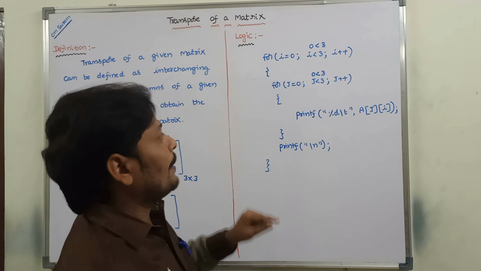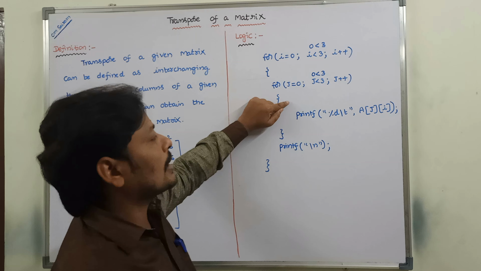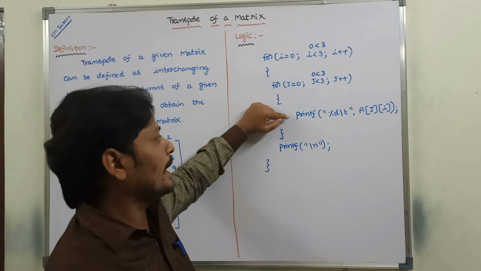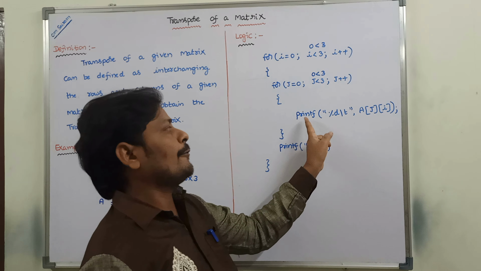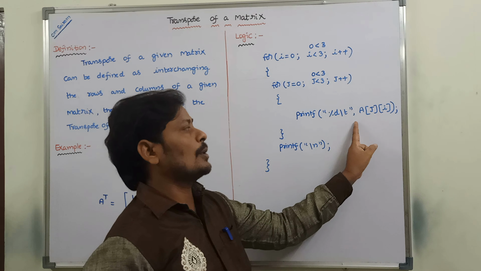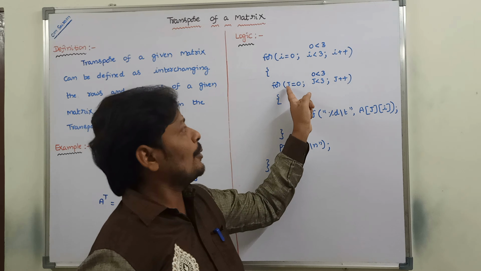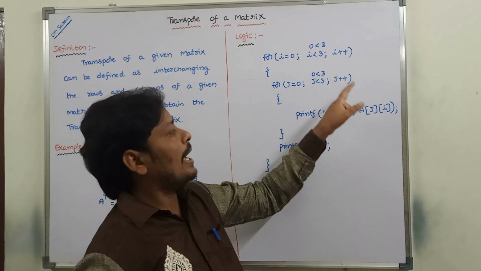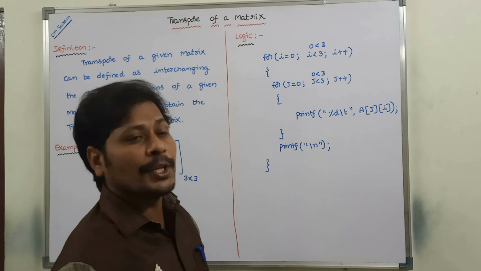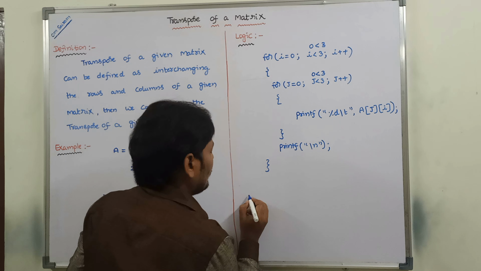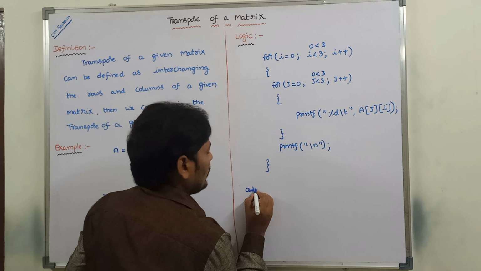Condition true. If the condition is true, then the control goes to the body of the inner for loop. So printf percentage d slash t in double quotes and A of j of i. What is the j value? 0. What is the i value? 0. A of 0, 0. So here, this is the output.